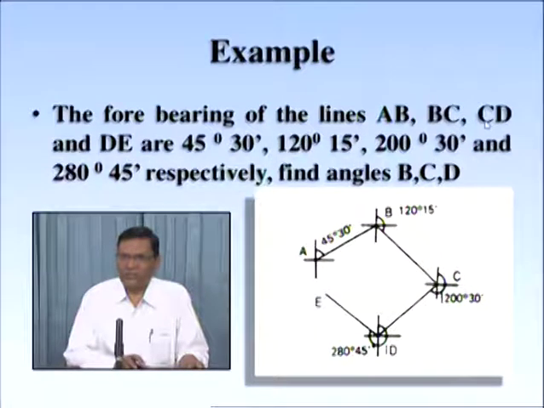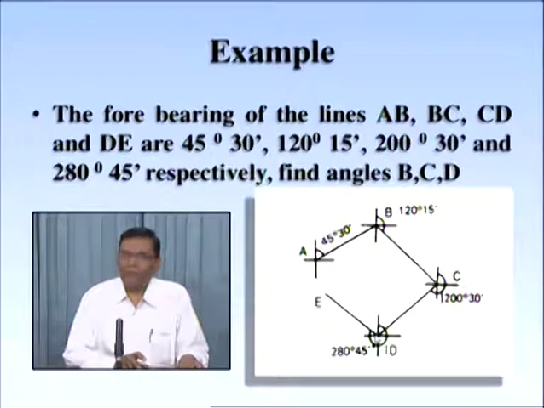Now see the fore bearing of CD, which is 200 degree 30 minute. That is more than 180 degree, which means it is in the third quadrant. So draw the line CD approximately at 200 degree in the third quadrant, of any length.